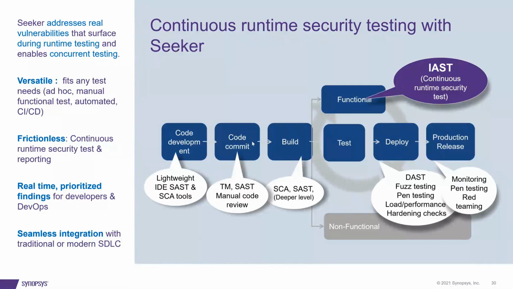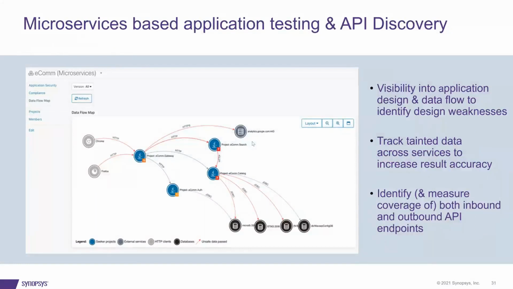The other thing that Seeker can do for you from a productivity gain is, as you are instrumenting these different microservices, you can actually see how the data goes in between each of those microservices. And the tool will actually build out this map, this flow diagram for you of where the transaction comes from and each of the microservices it touches and where it goes within the infrastructure, and then where it goes out as well.